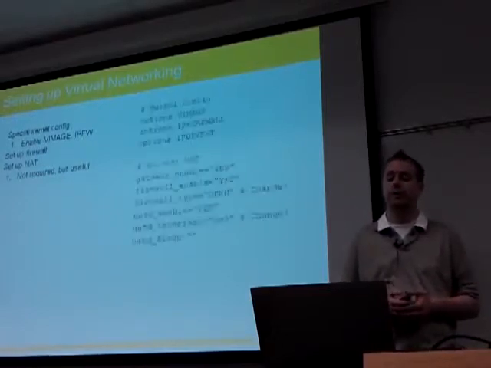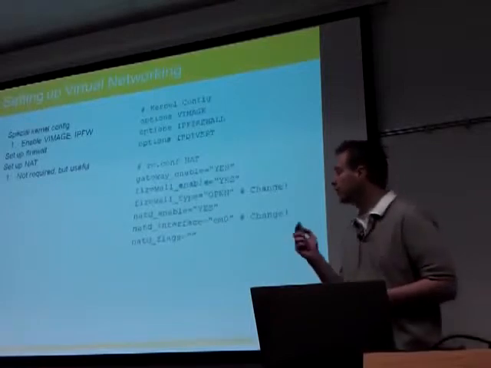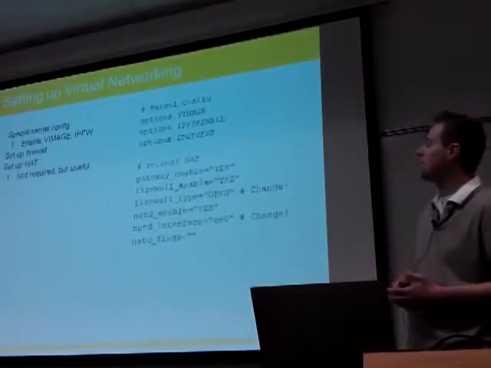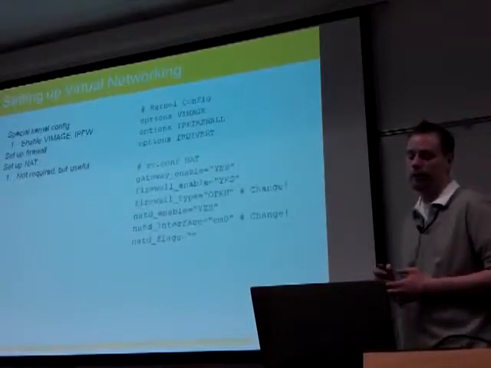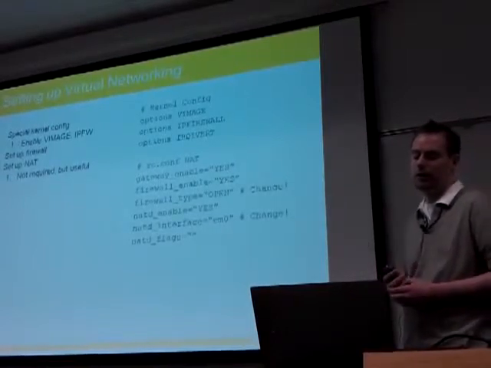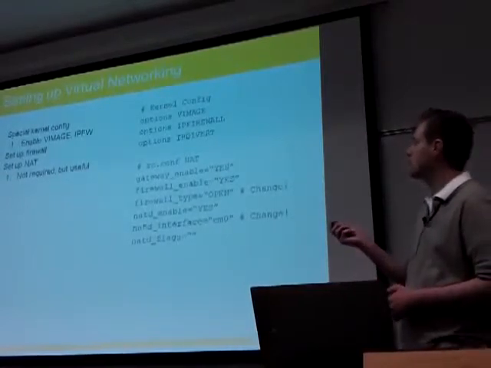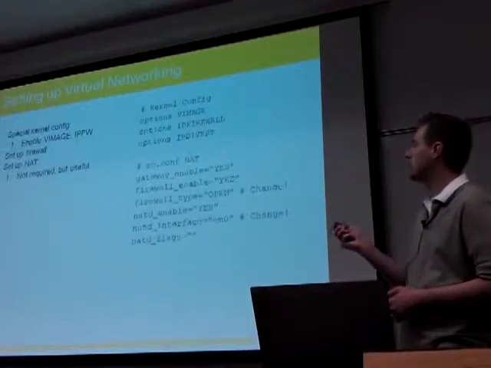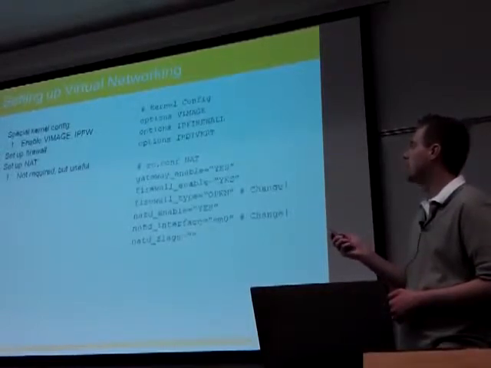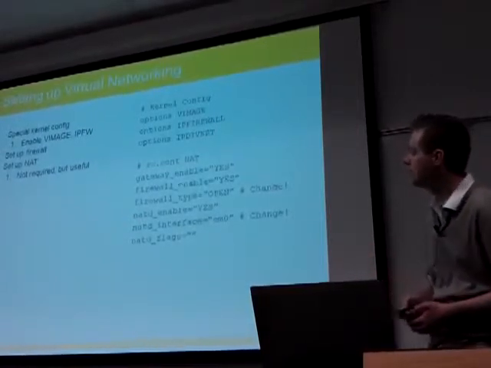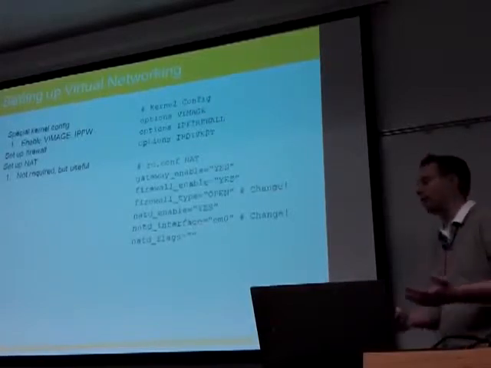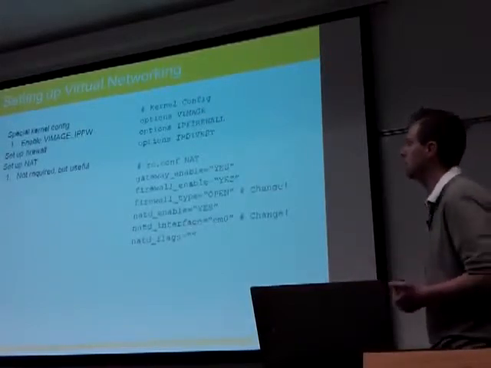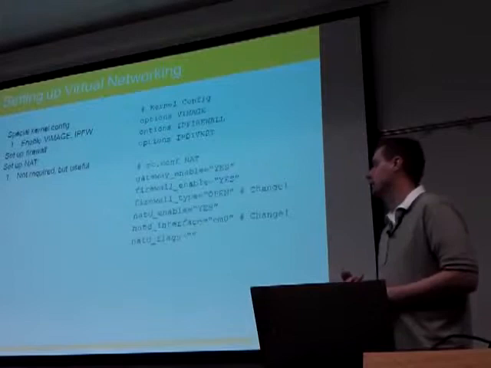We'll use NAT. At the top here, if you can't see this, my slides are online on my tech blog, so feel free to download them and you'll have all these commands. At the top is the kernel config. You enable options VIMAGE, IPFIREWALL, and IPDIVERT, then recompile the kernel and install the new kernel, and there you go. You've got virtual networking enabled in your kernel.